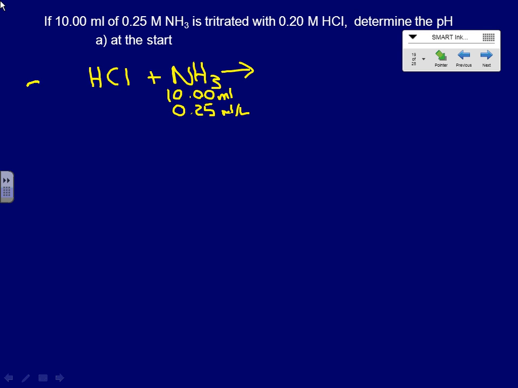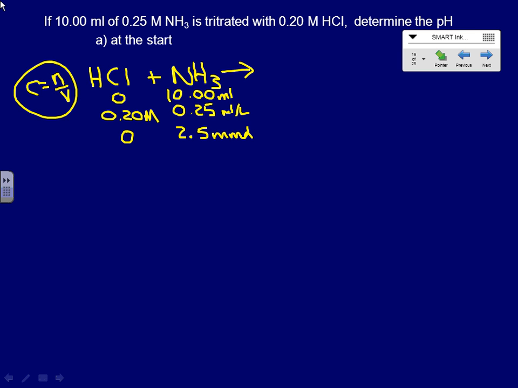And again, just like with the last one, C equals N over V is going to guide us on how to determine the number of moles, in this case millimoles. If I multiply these two together, I get 2.5 millimoles of the base. At the beginning, there is no acid added. The concentration might be 0.20 molar, but it doesn't matter because there are no moles of the acid added.